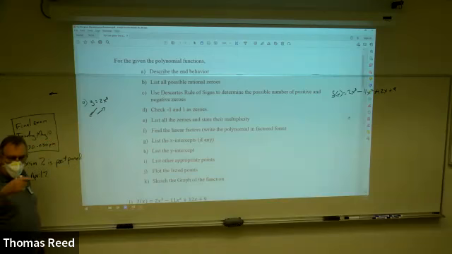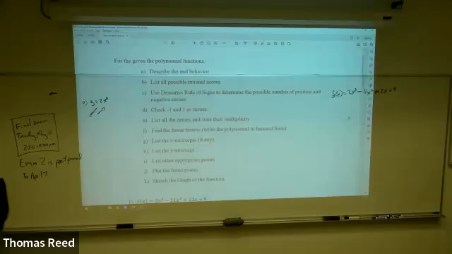Or you could use the official language that the textbook uses. As x goes to positive infinity, f of x goes to positive infinity. And as x goes to negative infinity, f of x goes to negative infinity.